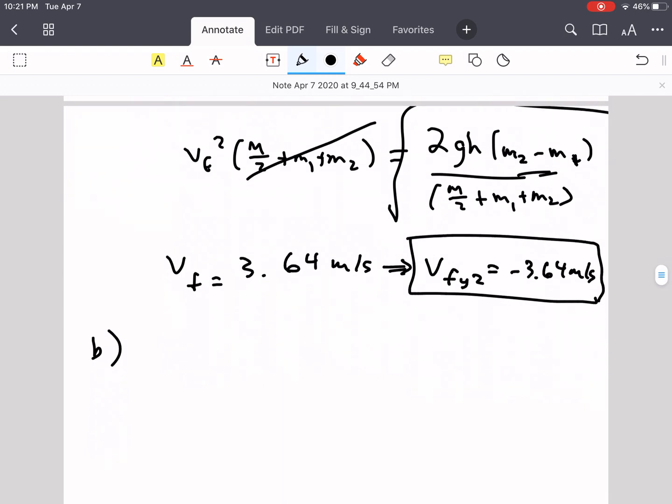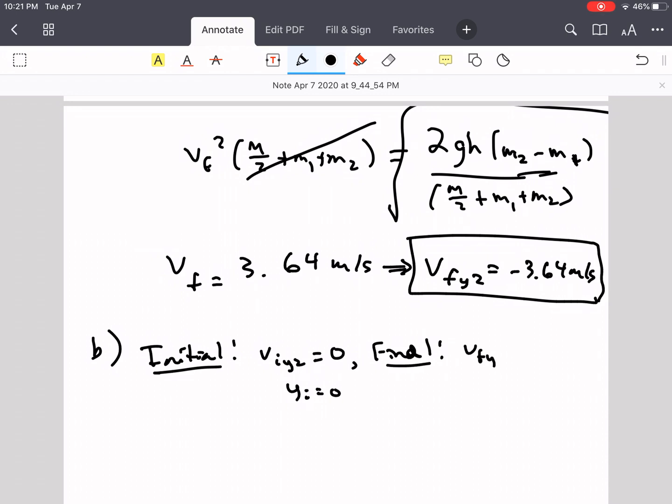So what I know is that initially, block 2 had v equal to 0, and let's say y equal to 0. Finally, it had v final y2 equal to negative 3.64 meters per second, as we just solved, and y equal to negative 2.5 meters.